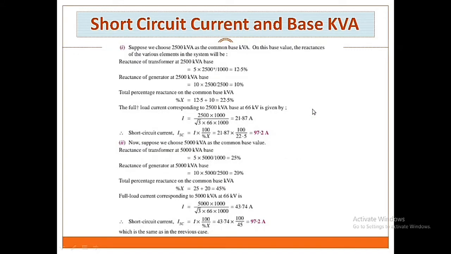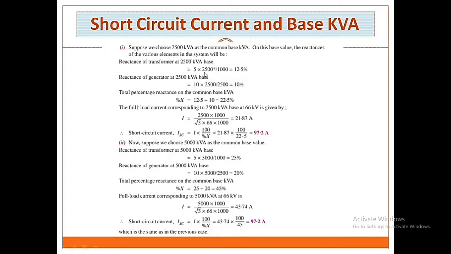In the first case, we assume that the base kVA is 2500 kVA. Now, the reactance of the transformer at base kVA: what is the formula? Base kVA by rated kVA into percentage reactance at rated kVA.